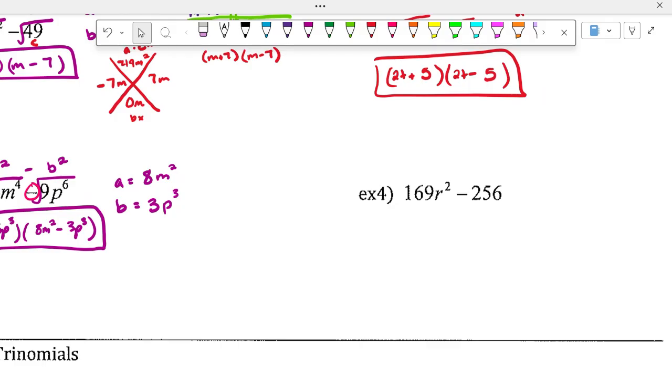So identify your perfect squares, take the square root of each term, and put it back into the formula. Again, if you want that yellow sheet out for reference with your perfect squares on it, might be a good idea.